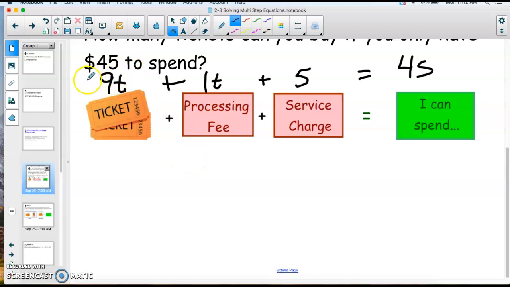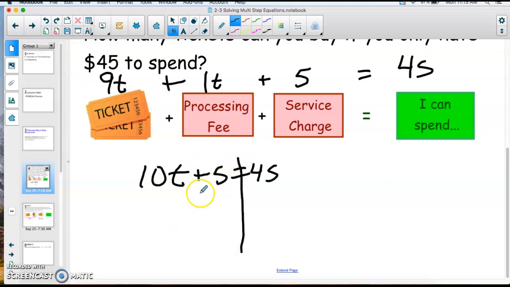So our first step here, we need to combine some like terms because we have a 9t and a 1t. If we have 9 t's and we add another one, then we end up with 10t, plus 5 equals 45. Now we solve our equation.